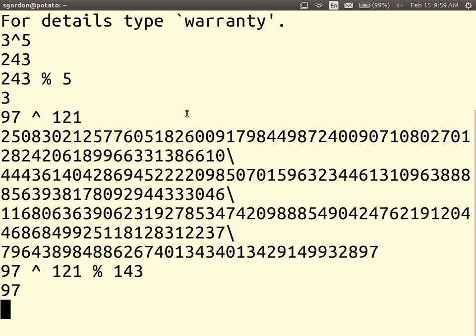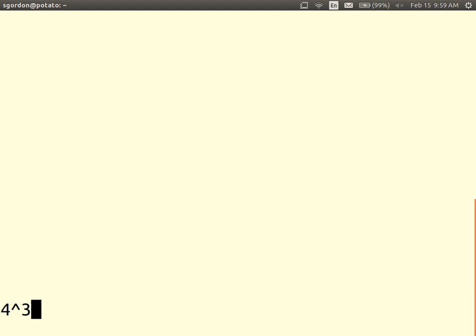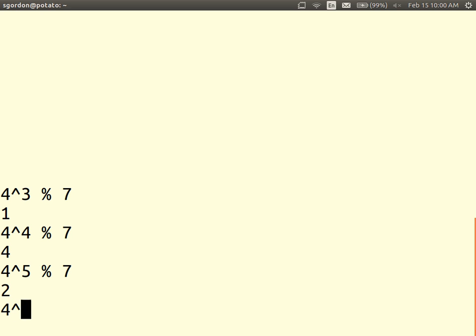Let's bring up the calculator. What do we got? 4 to the power of 3, mod 7. 4 to the power of 4, mod 7. 4 to the power of 5, mod 7. 4 to the power of 6, mod 7. 1, 4, 2, 1 to finish off that row. And while we're here, 5, all right, let's go through them all.